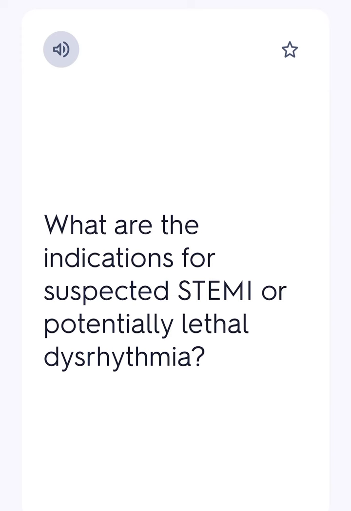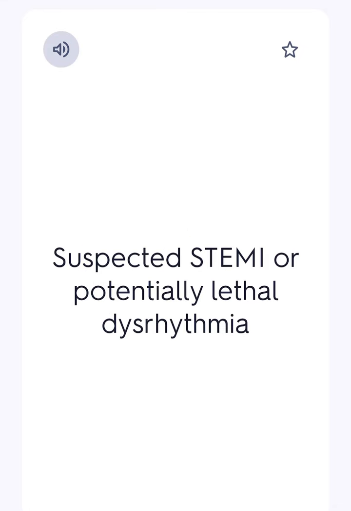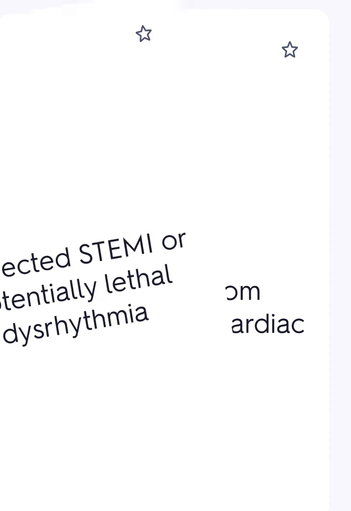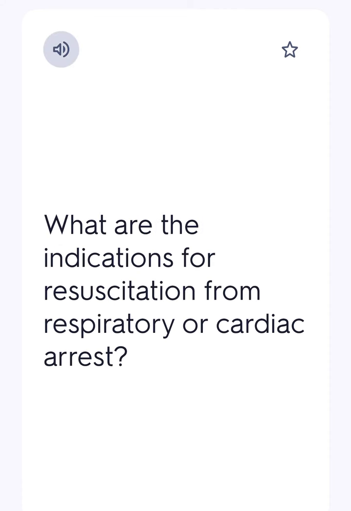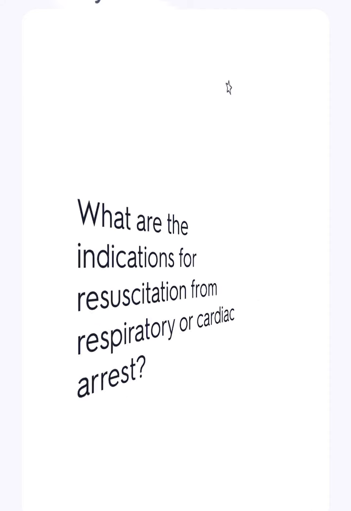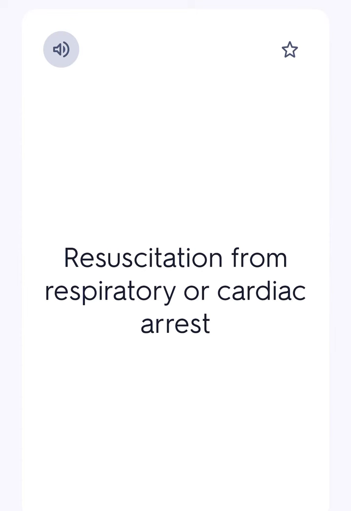What are the indications for suspected STEMI or potentially lethal dysrhythmia? Suspected STEMI or potentially lethal dysrhythmia. What are the indications for resuscitation from respiratory or cardiac arrest? Resuscitation from respiratory or cardiac arrest.